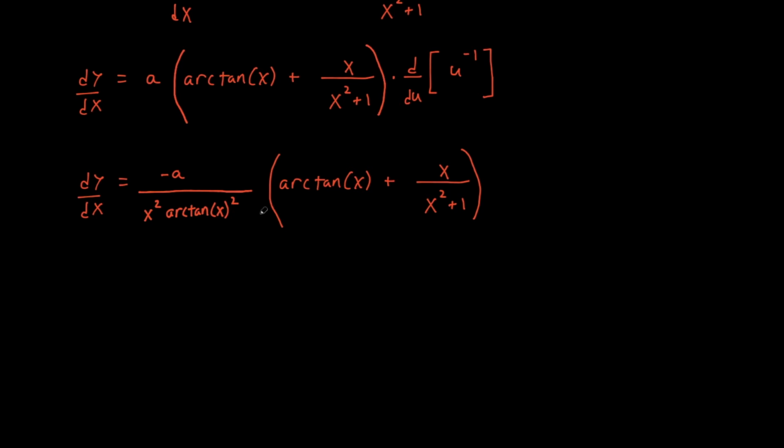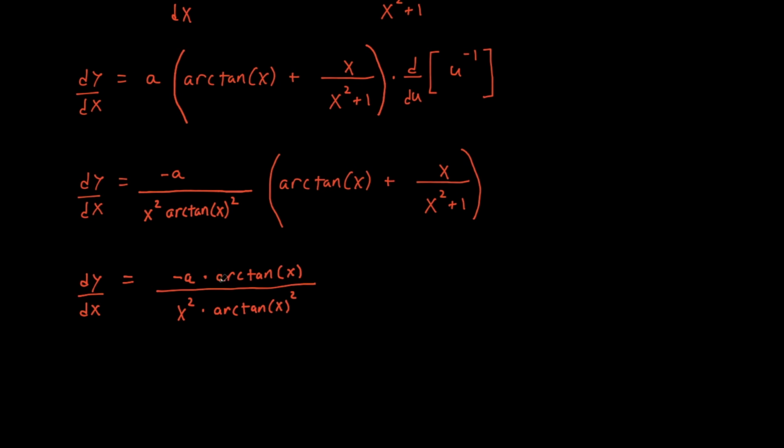All right, and it looks like we can multiply through, so dy dx is going to equal negative a times arctangent of x, and the denominator is x squared, because this is the same thing as arctan x over 1, so we can multiply across and get x squared times arctangent of x squared in the denominator.